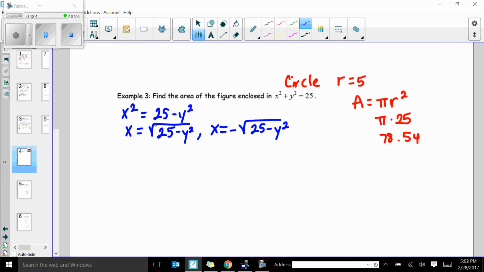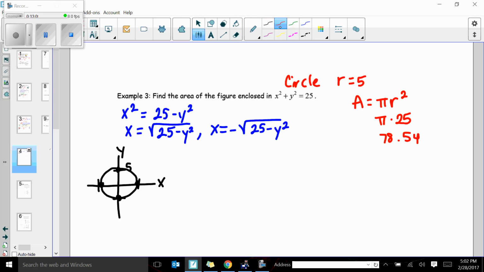Okay, so if I were graphing this, so there's 5, there's 5, there's 5, there's 5. Here's x-axis, here's y-axis. So all of these are 5s. You would have the left semicircle would be this one right here, negative root. The right semicircle would be the other piece.